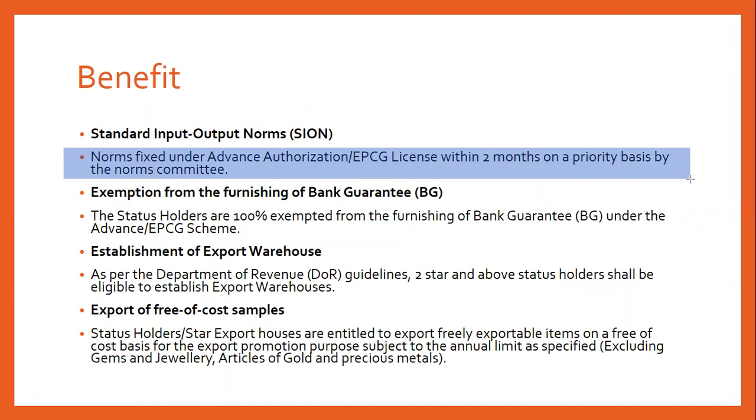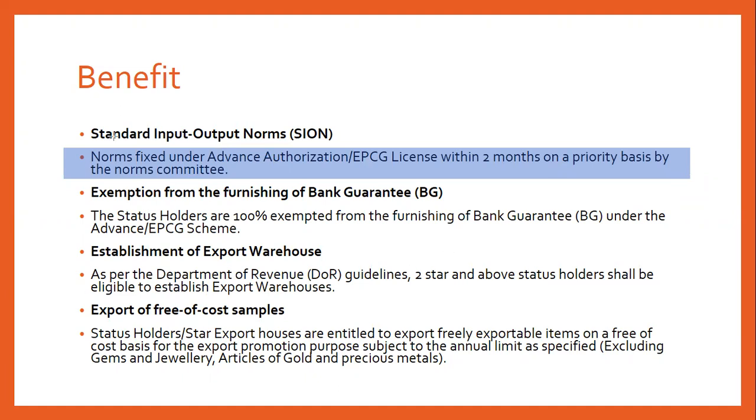They can apply for norm fixation under advance authorization and EPCG. This benefit is used by persons importing raw material and capital goods. So the exporter can get EPCG and advance license within 2 months, on the basis of the norm committee.